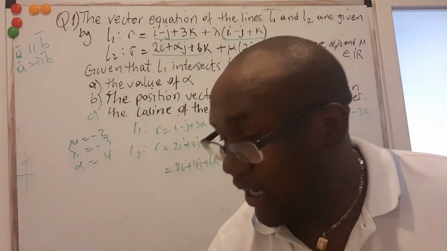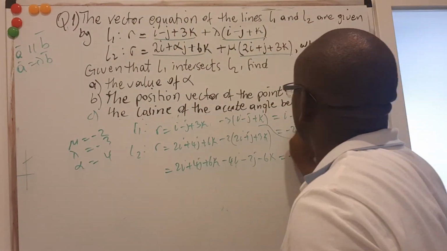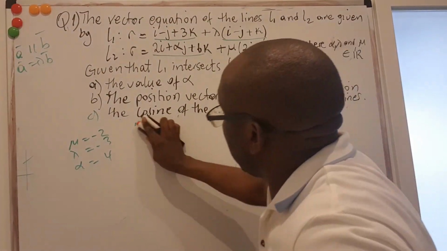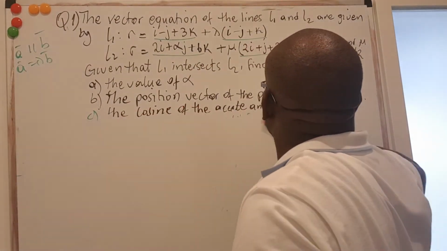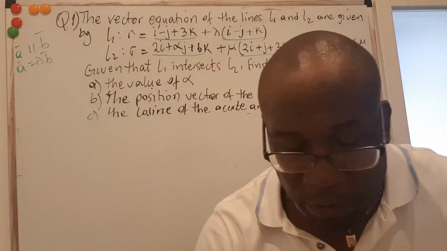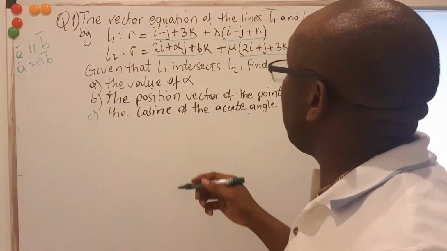So the last one says that we should look for the cosine of the angle between the lines. I will just write the formula. I will not go further to describe it, just to tell you how it works.